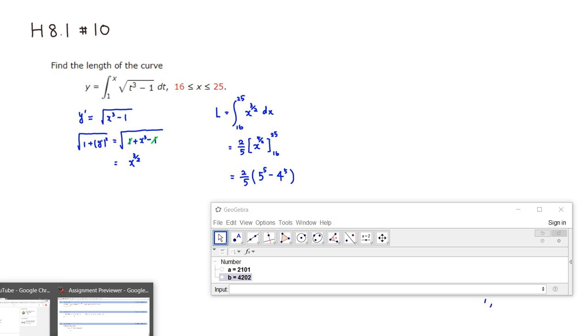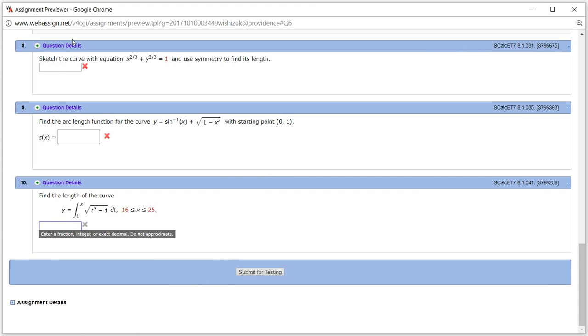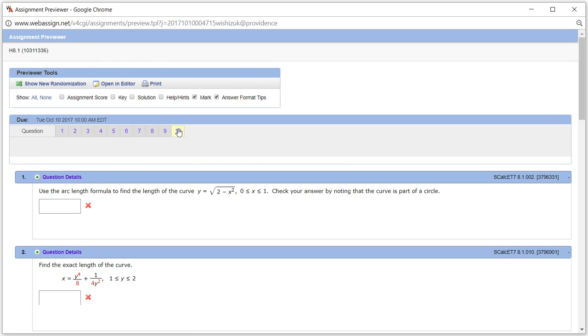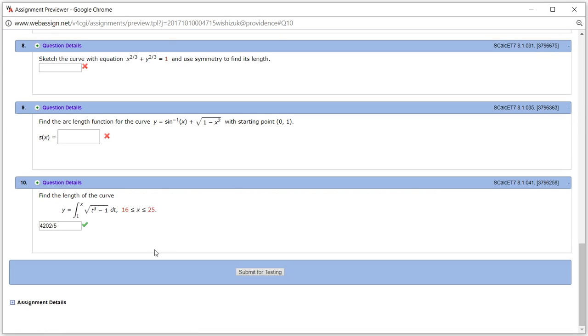So what we got was 4,202 divided by 5. Let me test it, and it came back, and it looks like we got this number correctly. That's it. I hope that this was clear.